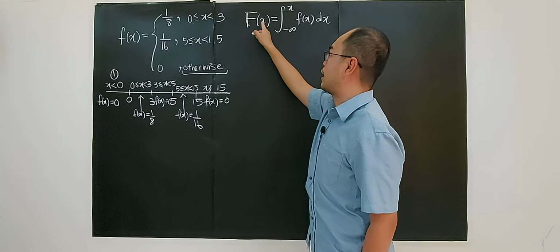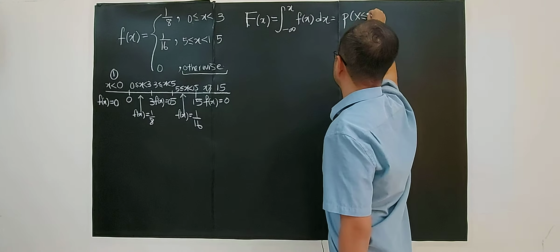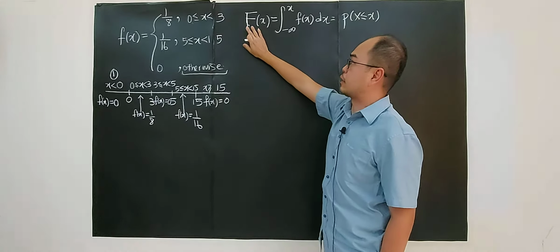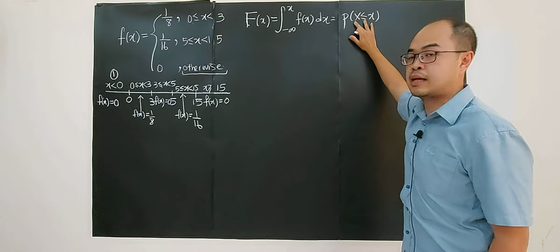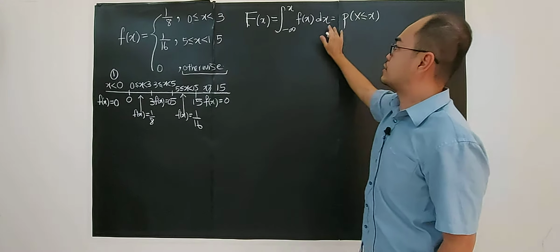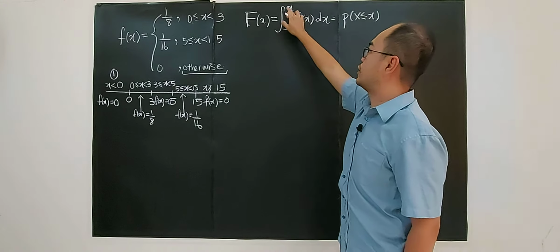The capital F(x) can also be rewritten as the probability of X less than or equal to x. This is the definition of the cumulative.